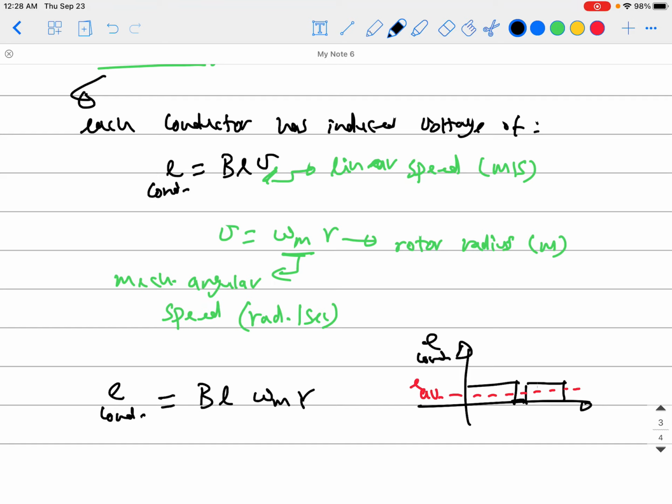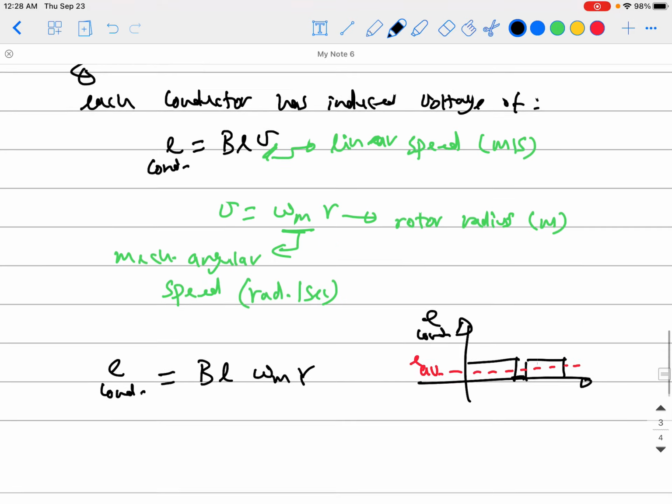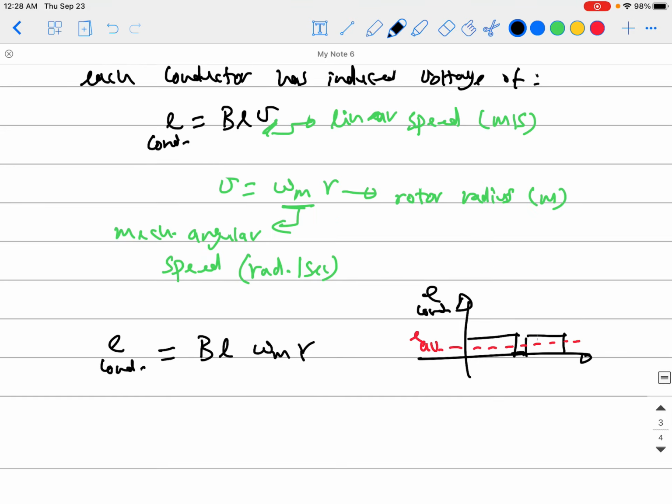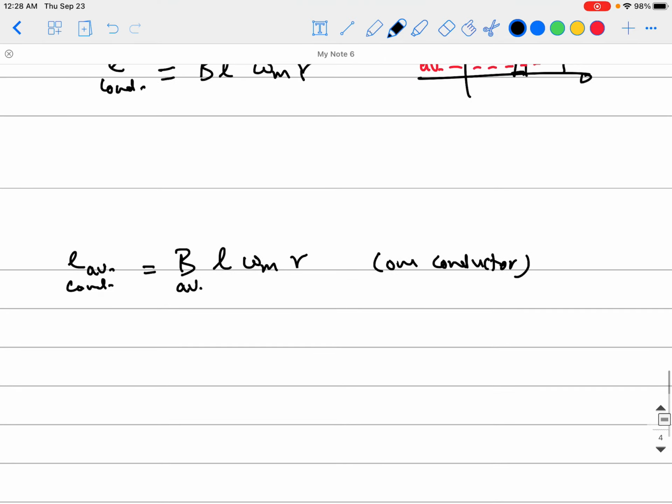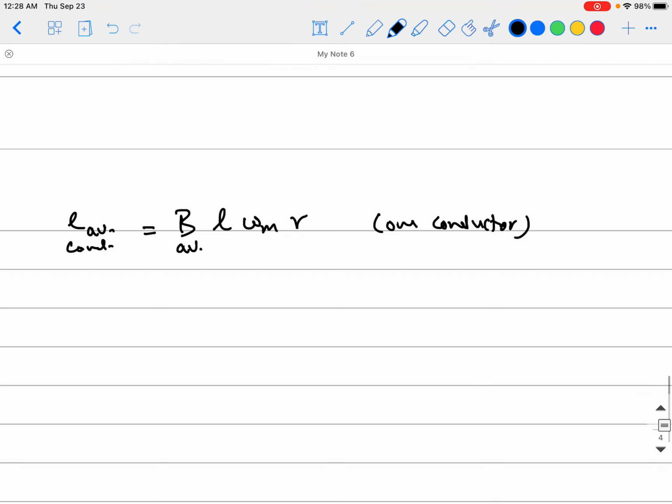Now we just took this V, the linear speed, and substituted it with the angular speed omega m R, because we like to talk about how many rotations per second and that stuff. That's much better than talking about linear velocity. And now I'm just taking the average value for it.